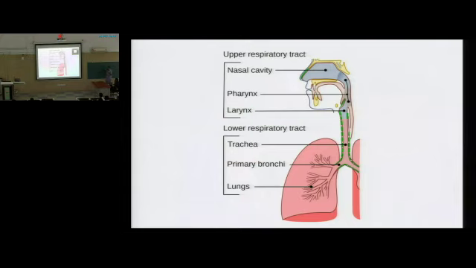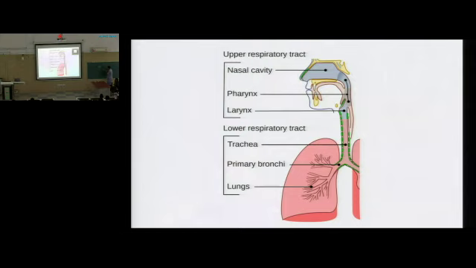In any lobe, it can be upper, middle or lower. So this will involve one lobe completely, a total involvement of one lobe.